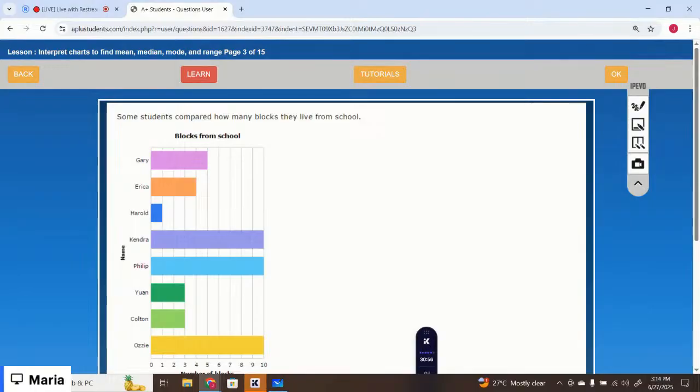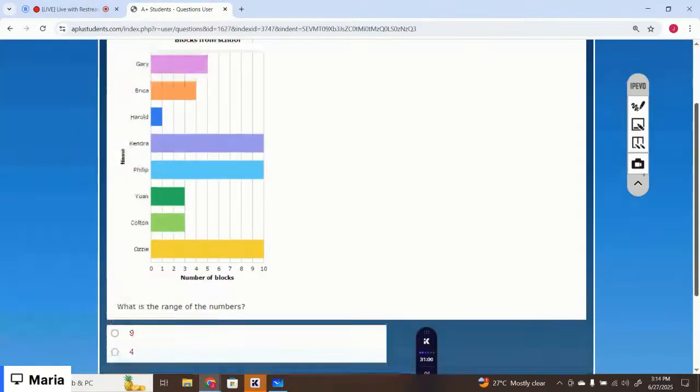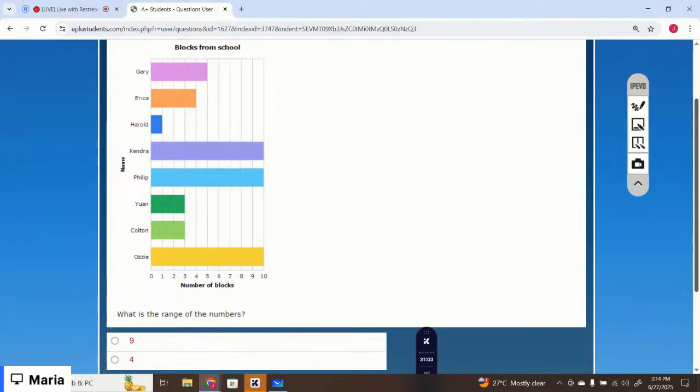Some students compare how many blocks they live from school. What is the range of the numbers? Range is the difference between the greatest and the least number in the given data.